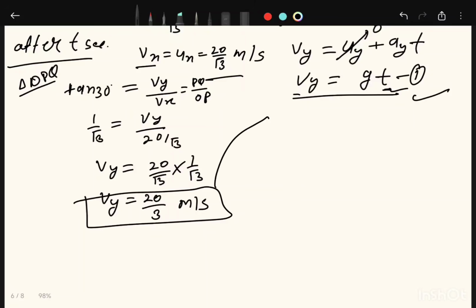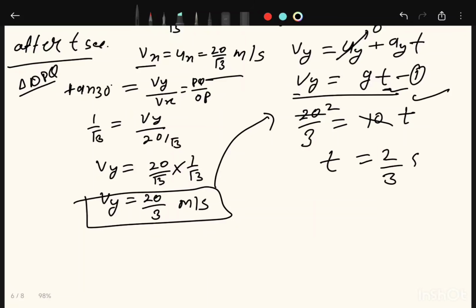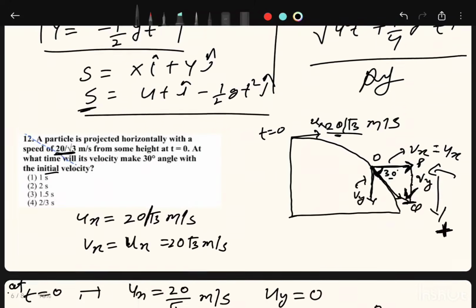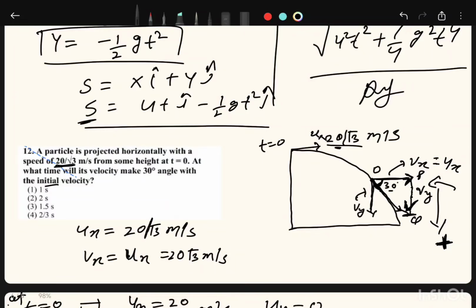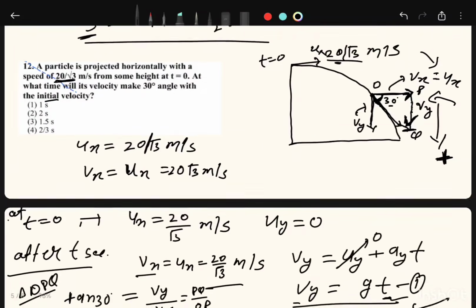Just put the value of vy here, it will become 20 by 3. Let me take g as 10, and t we have to find out. So 10 will cancel out 20 two times, and your time will be 2 by 3 second. So after 2 by 3 second, your particle will make a 30-degree angle with the initial velocity, that is your horizontal velocity ux.